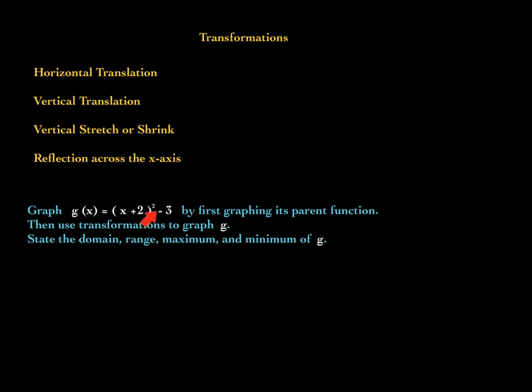Because I see this function g being squared, that must mean the most basic squaring function, the most basic quadratic function, is my parent function. And again, I know this because I see this being squared, so then the squaring function must be my parent function, okay?